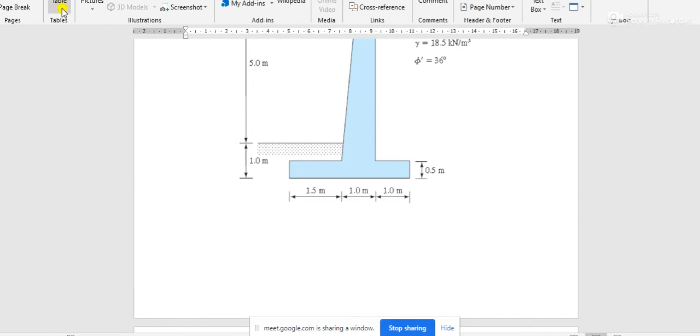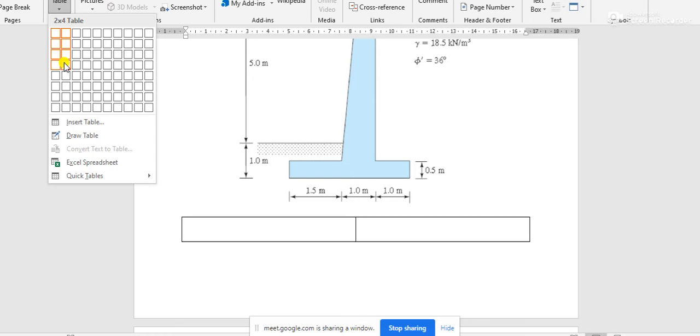like this. In this table several columns should be there, maybe serial number, area, weight or load, and lever arm factor, because from weight or load you have to calculate the moment by multiplying the weight or load with the lever arm factor.